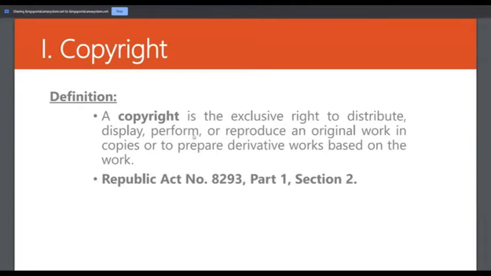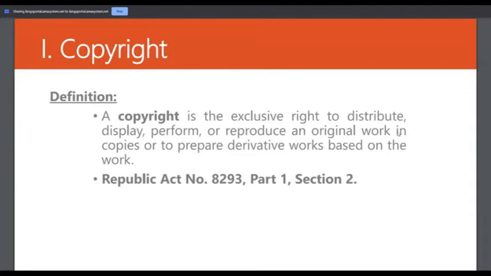For example, if you have written a specific book, then it's only you who should be able to allow the distribution, display, and performance. If that book is something that can be performed by a group of people, then you should have the approval first as the author of that book.